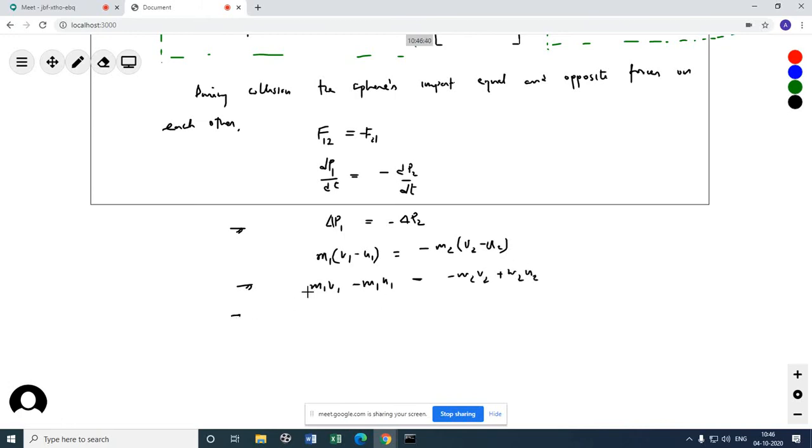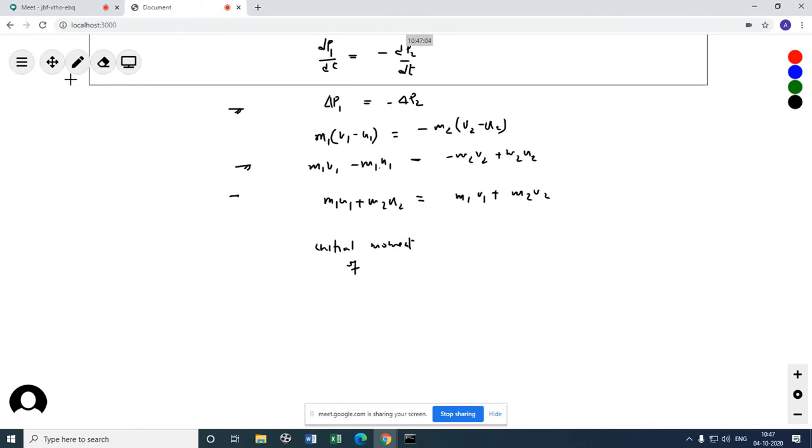So this can be written as m1 u1 plus m2 u2 is equal to m1 v1 plus m2 v2. Am I doing right? Yes. So this is the initial momentum of the system, equal to the final momentum of the system.